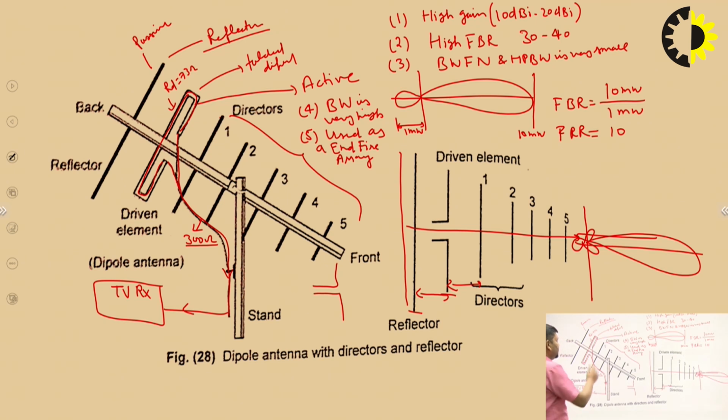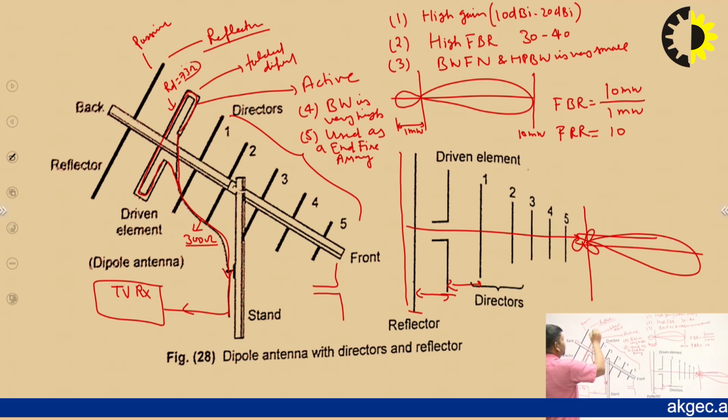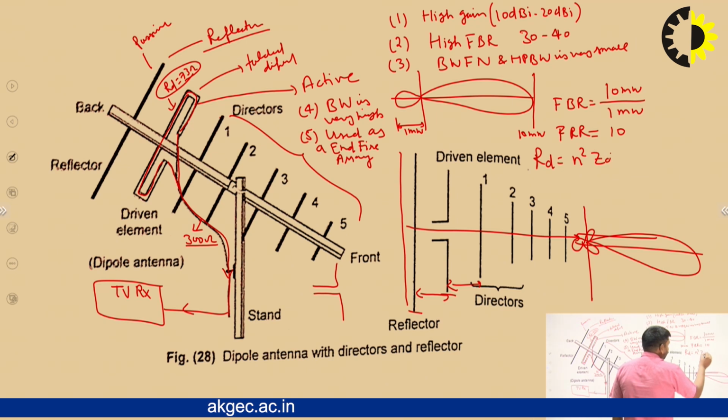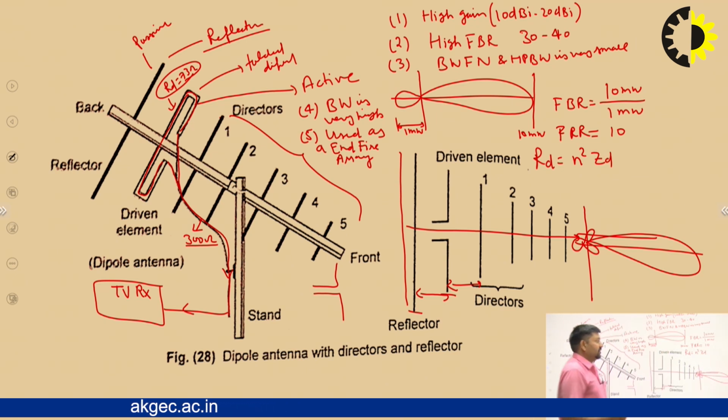So how do we improve the radiation resistance of the folded dipole antenna? We use the folded dipole antenna to increase the radiation resistance, for n equal to 2. The radiation resistance of the folded dipole antenna is calculated by n squared times ZD, where ZD is the dipole antenna impedance.